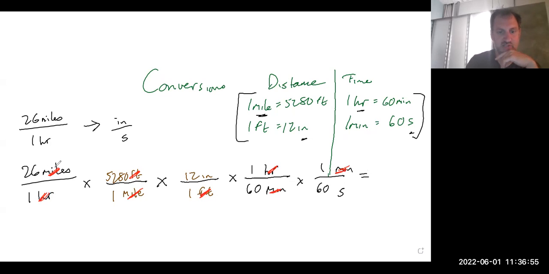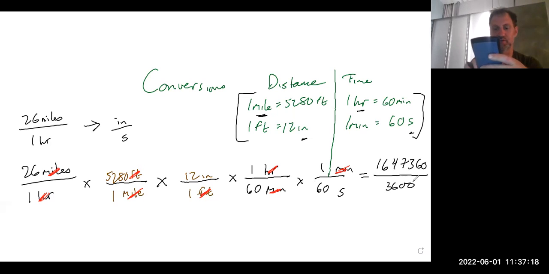On the top, it's 26 times 5,280 times 12 times 1 times 1, which doesn't mean anything. So a really big number, 1,647,360 over 1 times 1 times 1 times 60 times 60, which is 3,600.